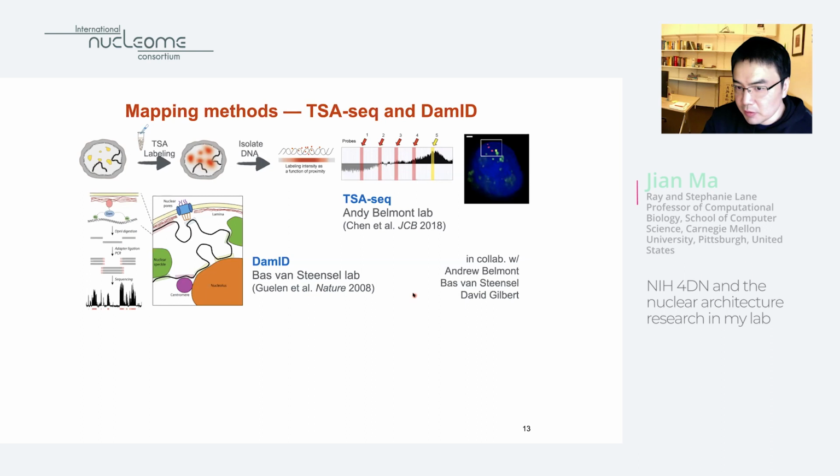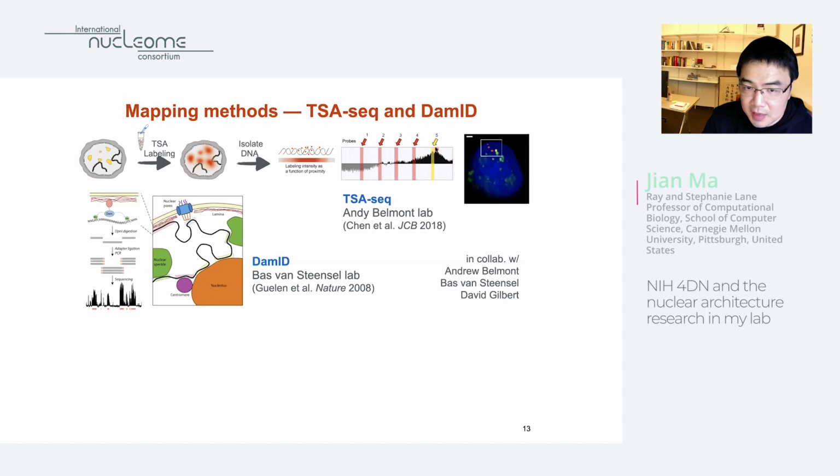So we utilize 2 types of technology. One is called TSA-seq, which uses antibody staining combined with TSA reaction, tyramide signal amplification, to generate diffusible biotin labeling near the target of interest, so that the degree of biotinylation becomes a function of distance from the target. By generating these genomic maps, you see these signals.